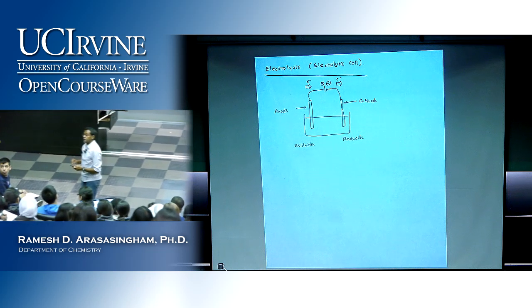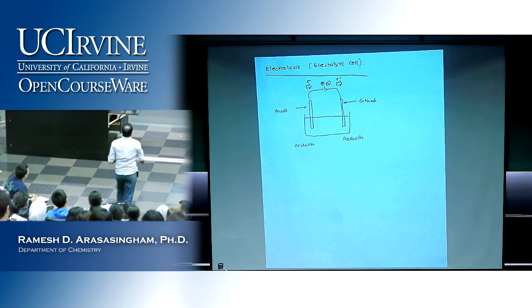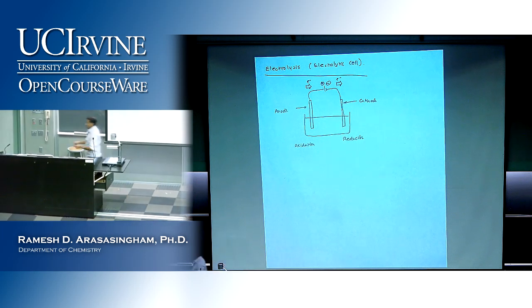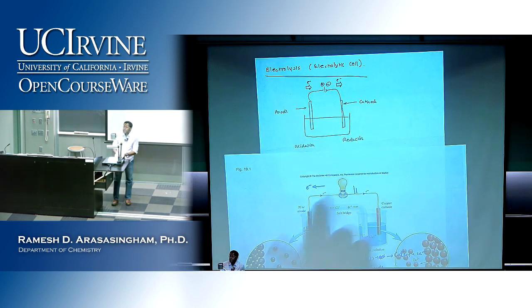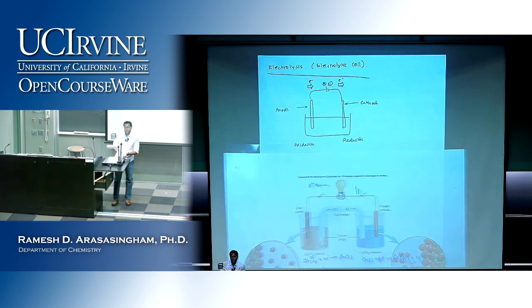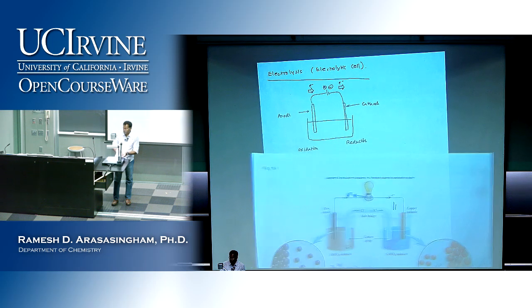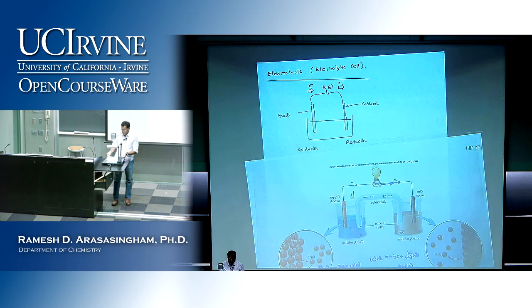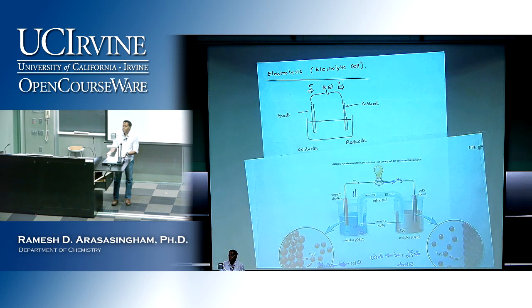Yes? Yes, so you're going to find this a little confusing because what I did was I'm taking this setup and this is what I'm doing. You see that? All right? Because we always draw everything with the anode on the left side and the cathode on the right side.